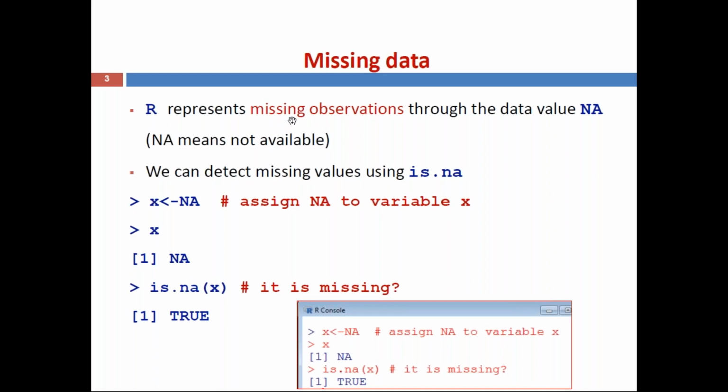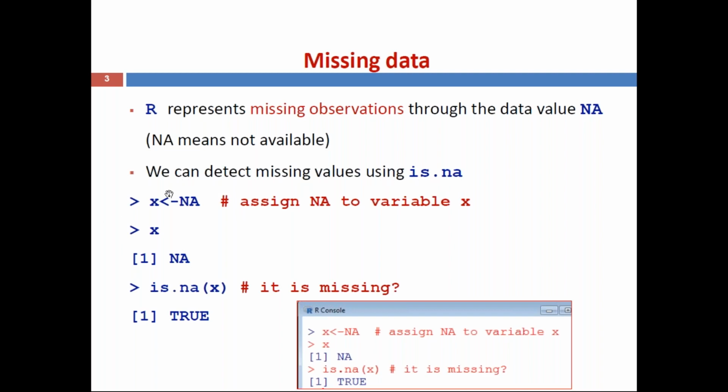R represents missing observations through the data value NA. Here NA means not available. We can detect missing values using the command is.na.